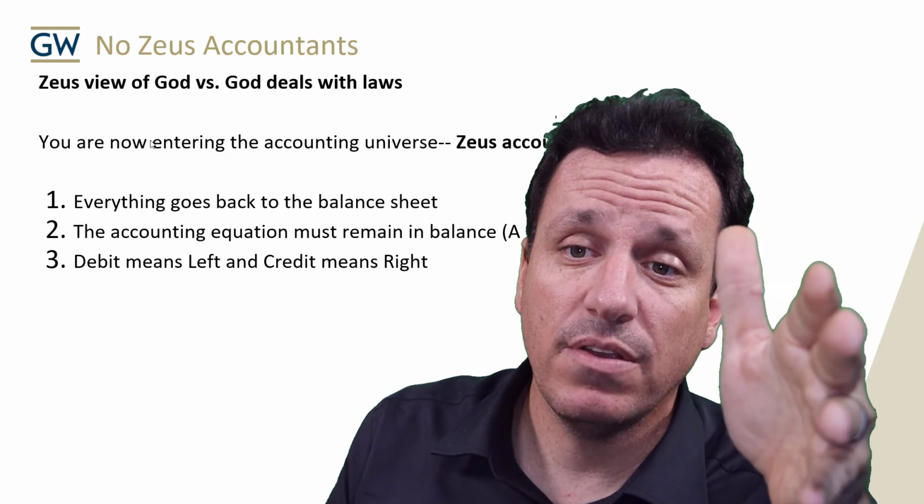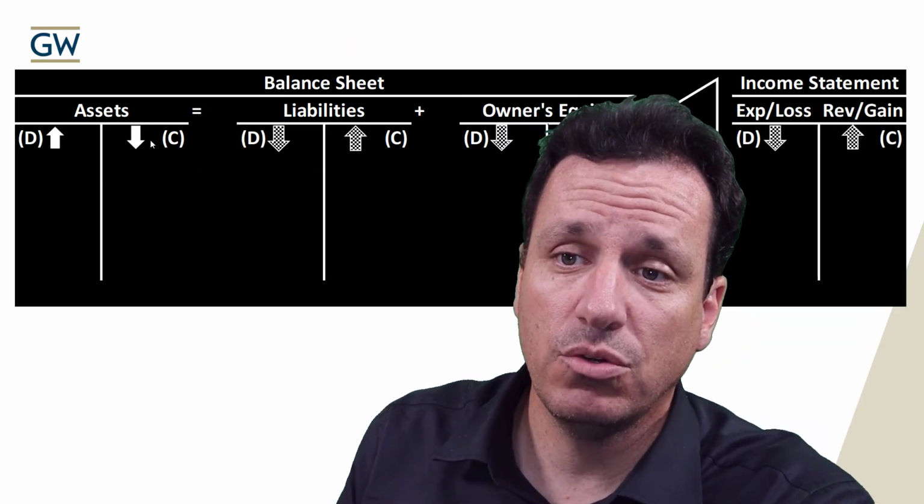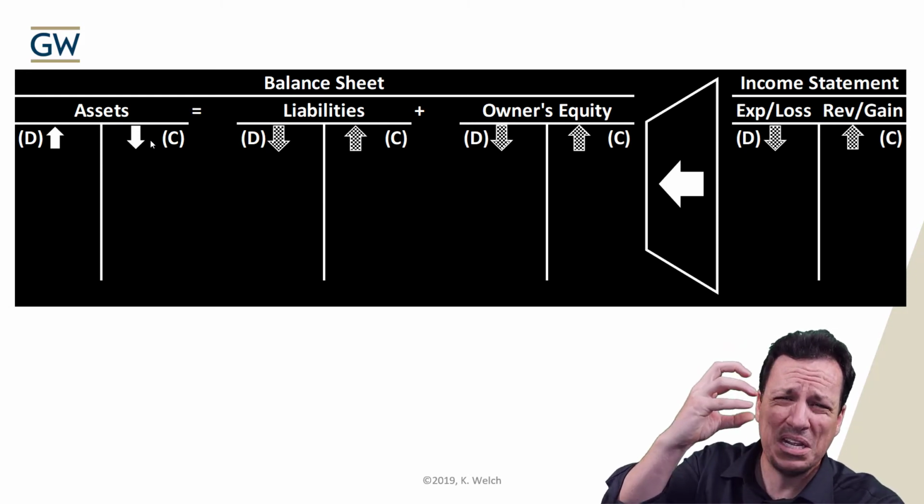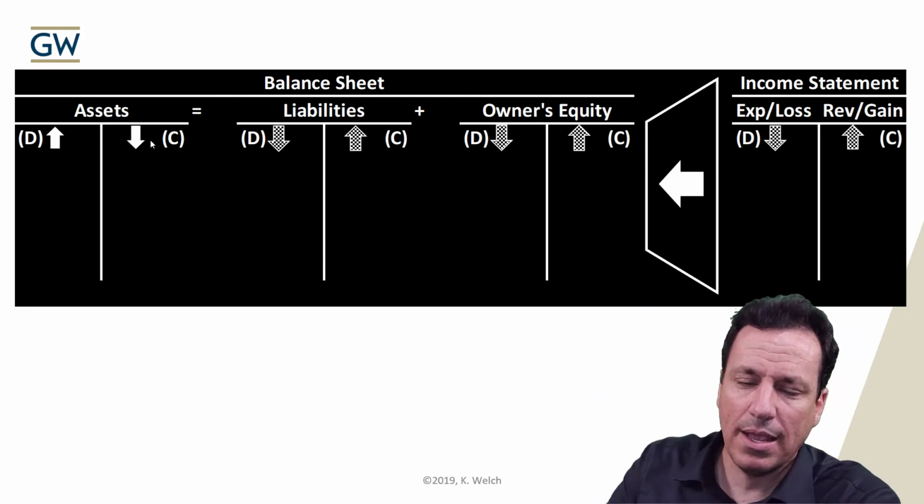But the reality is that if I showed you on this chart, debits can sometimes be an increase and sometimes can be a decrease, and same with credits. And so don't think of them as increase and decrease. Change that. You got to reformat your hard drive. Take that thing out of your brain that thinks that and just drop kick that and get that out of here.